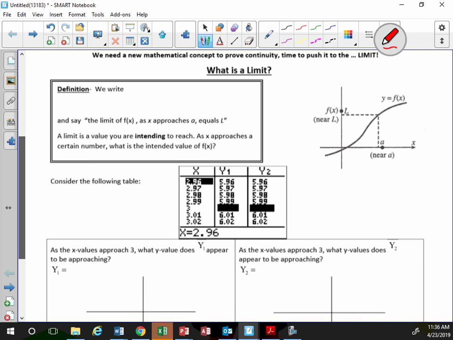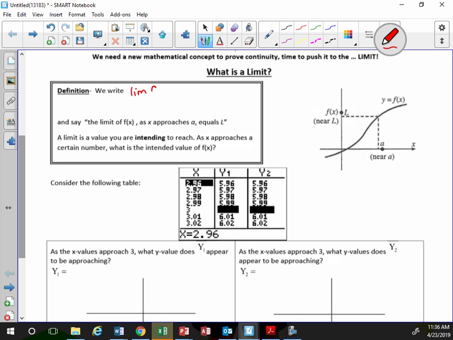Okay, so we would write the limit of f of x as x approaches A equals L. Okay, and then it's just telling you how to say that. I know, I'm sorry.